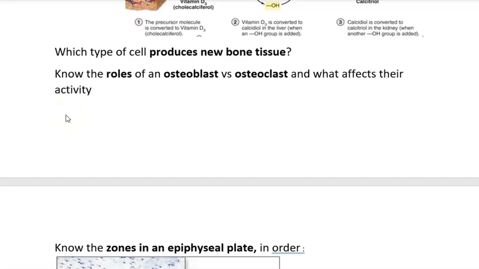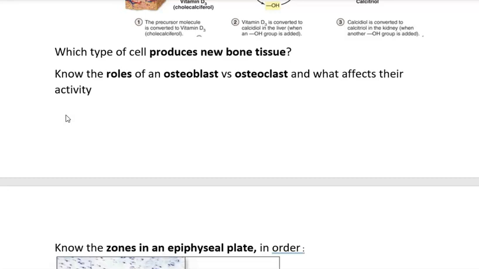For example, mechanical stress is going to affect the activity of osteoblasts and osteoclasts because that mechanical stress is going to be communicated to the osteocytes, which are then going to tell, let's say, the osteoblasts to build more bone if there's more mechanical stress, okay?